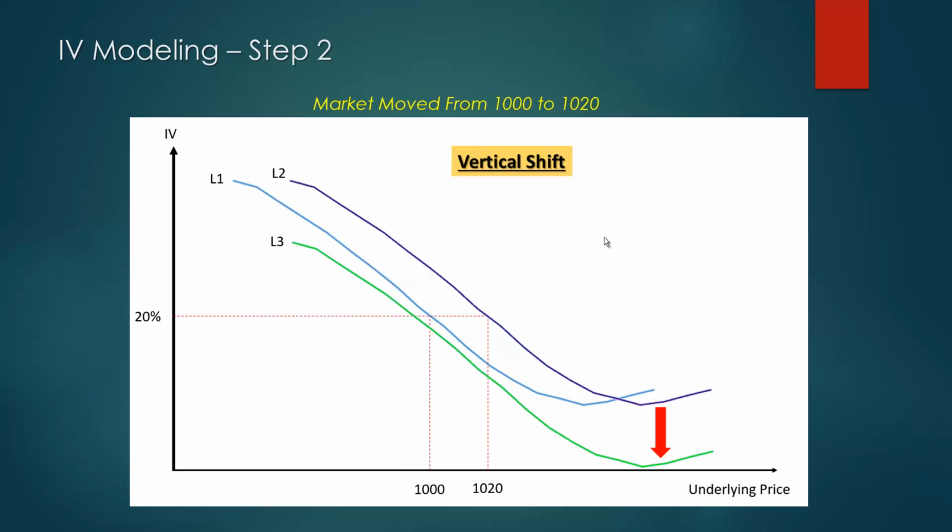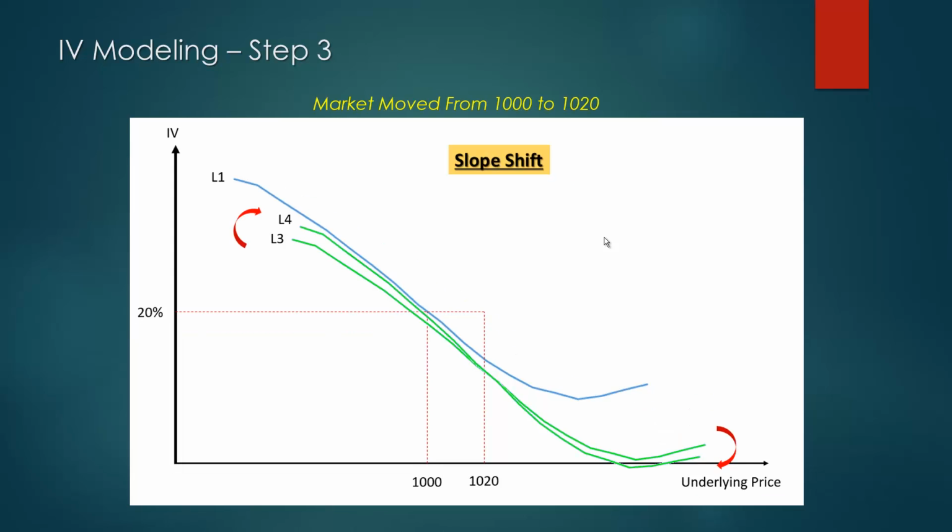Now, when the market moves up, usually, but not always, the volatility curve will shift downwards. And then step 3 is a shift in the slope or the skew. Typically, I would say around 70-80% of the time when the market moves up, IV falls, the IV skew will steepen.